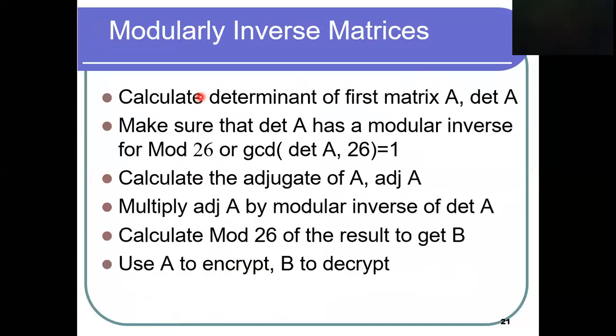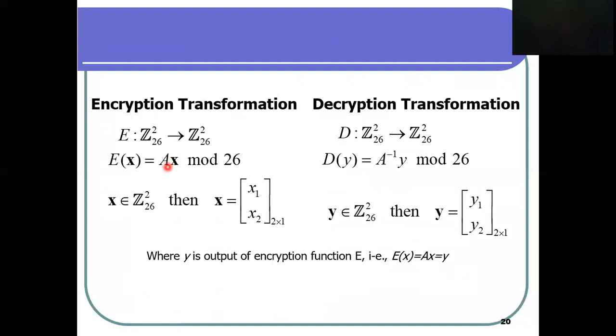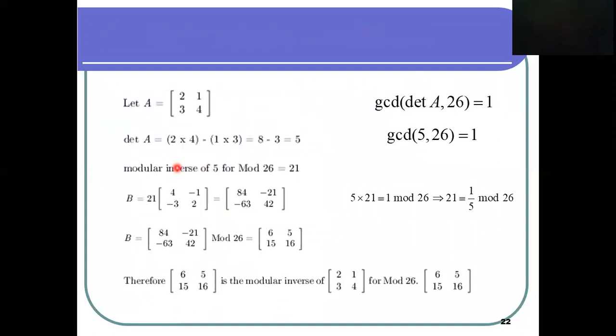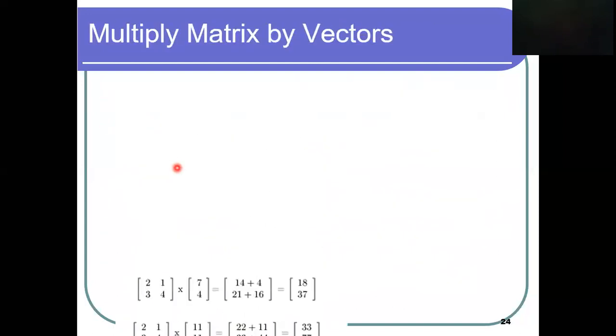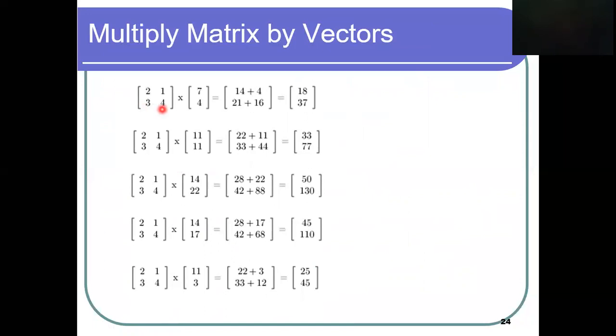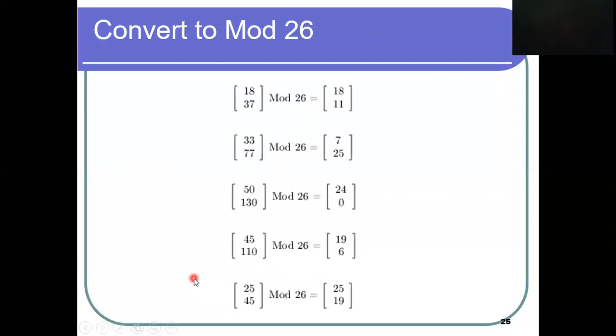If you look over here, my encryption function is A times X. So I multiply each column vector with the matrix A. This is matrix A, and after multiplying this, I get another 2 cross 1 column vector for each column vector of the original message.